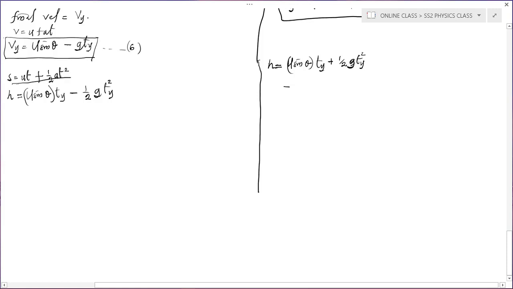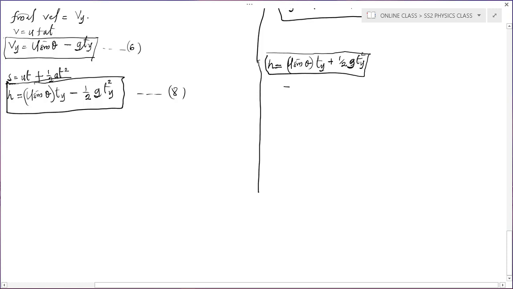So now here we have it like this. This is equation 8, and this one exists to give us equation 9. Now, at times this h will just give you half gt squared. It depends on what we are given at the beginning, but we still leave it like this.